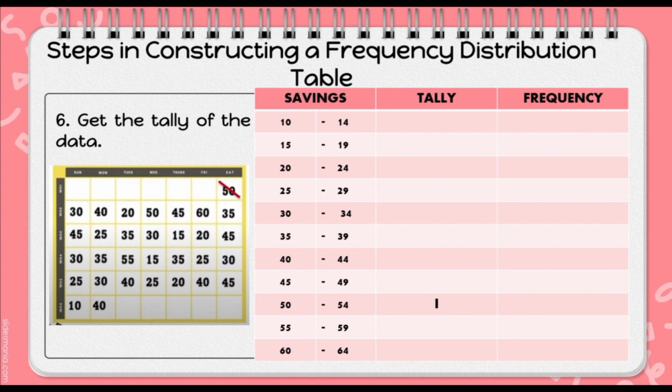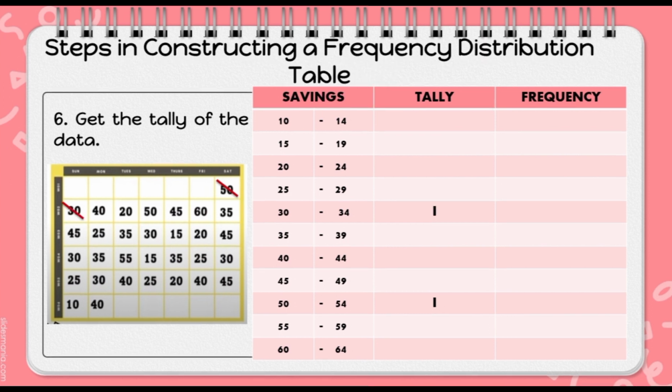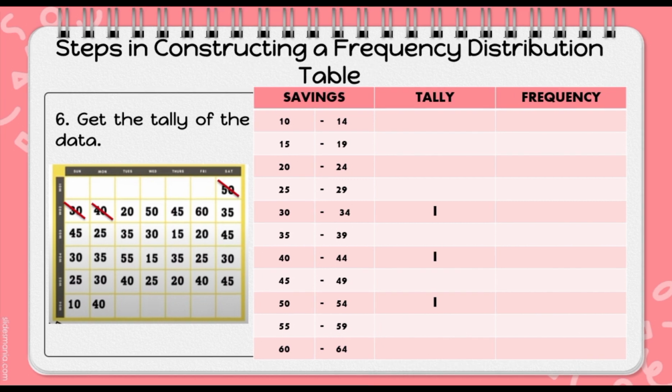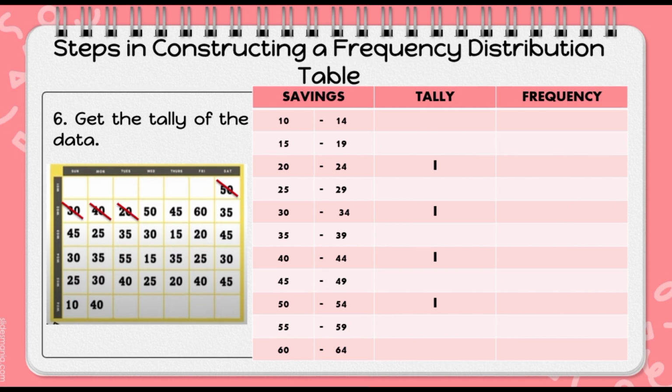For example, we have 50. So 50 belongs to 50 to 54, right? Next is 30, so 30 to 34. 40 belongs to 40 to 44. 20 belongs to 20 to 24.